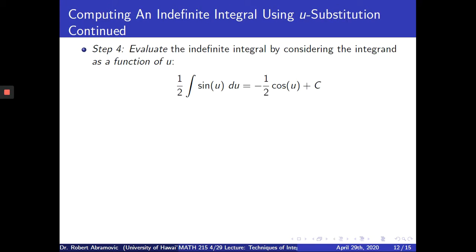And now the fourth step is to evaluate the indefinite integral by considering the integrand as a function of u. 1/2 integral of sine of u du is equal to negative 1/2 cosine of u plus a constant. That's because the antiderivative of sine of u is equal to minus cosine of u. We've seen that formula before. Right? If you differentiate negative cosine of u with respect to u, what you get is positive sine of u.